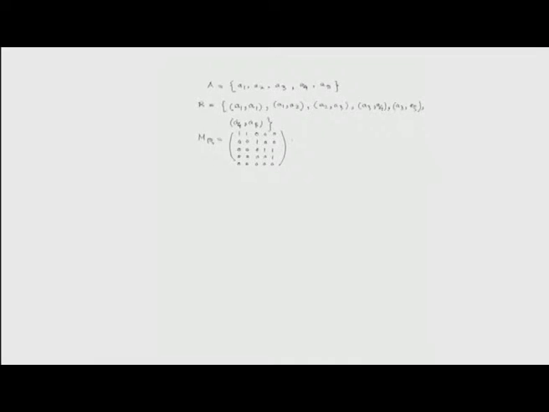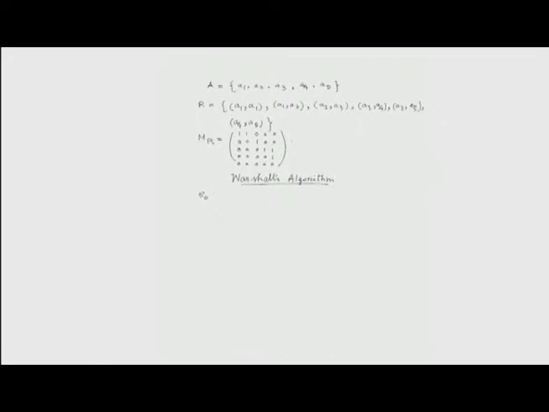In order to start Warshall's algorithm, we consider a sequence of subsets of A. The first one in the sequence is called S0, which is the empty set.